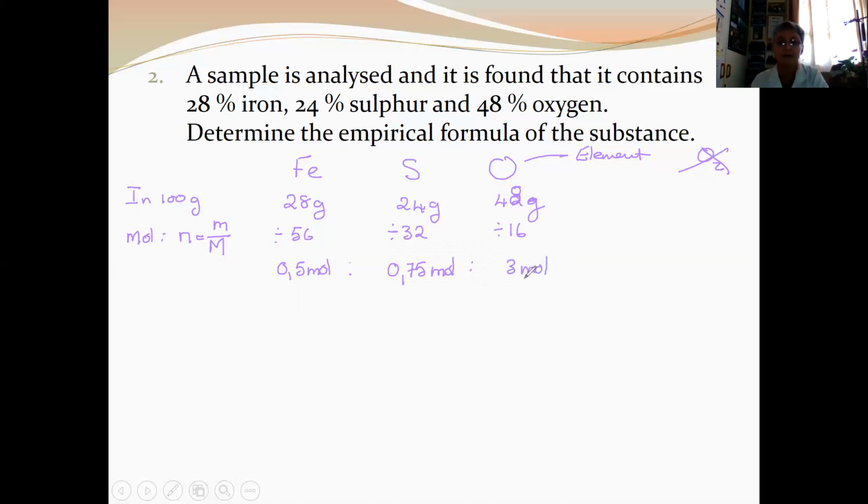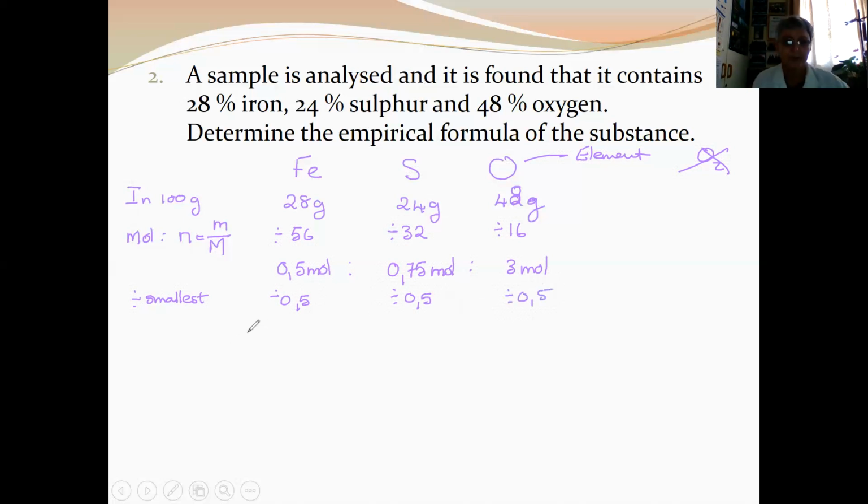We're nearly there. I can't round up or down with 0.5 and 0.75. So the next step to try and get them to integers is to divide by the smallest number, 0.5 mole. So here we divide by 0.5, there we divide by 0.5, and here we divide by 0.5.